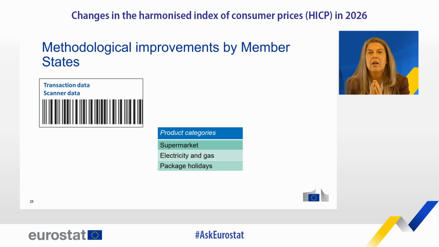So every year, one or more countries have this kind of data sources and make this big change. This year we had, again, new countries using supermarket scanner data, electricity, package holidays, and sometimes also flights and pharmaceutical products.